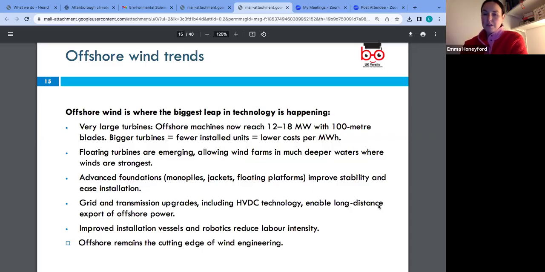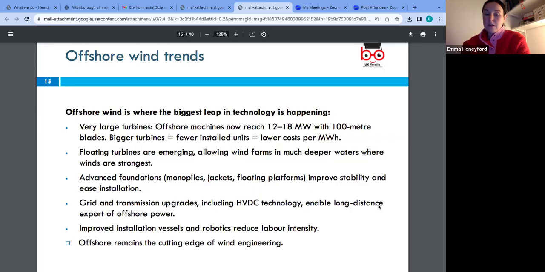So offshore machines can now reach 12 to 18 MW with 100-metre blades. So it means that bigger turbines mean fewer installed units, which means it's a lower cost. So floating turbines are emerging, allowing wind farms in much deeper waters where winds are strongest.